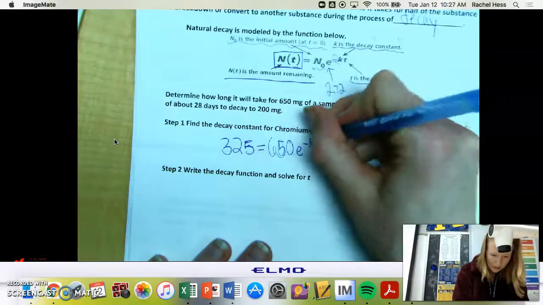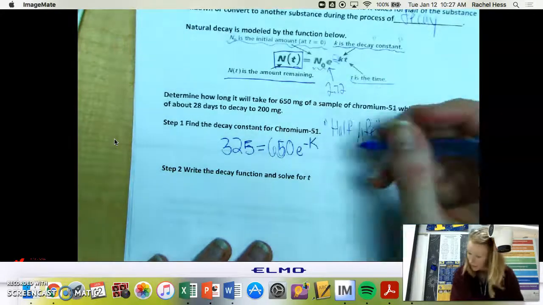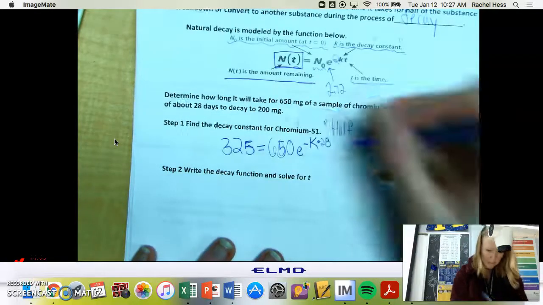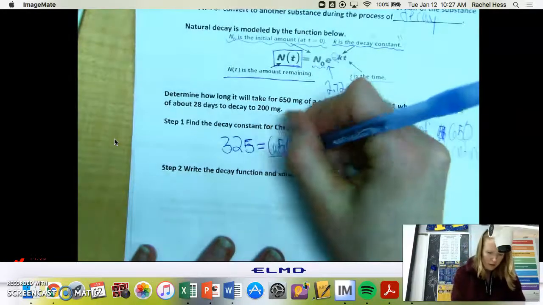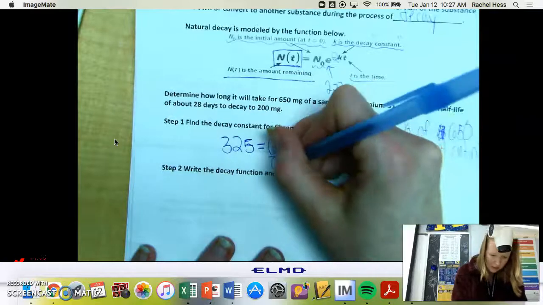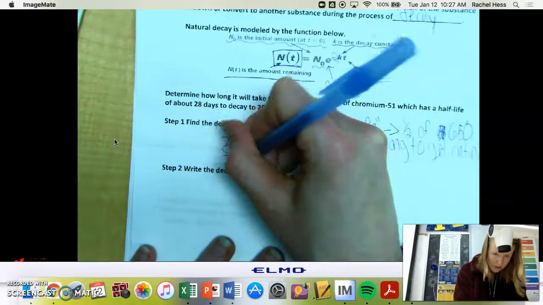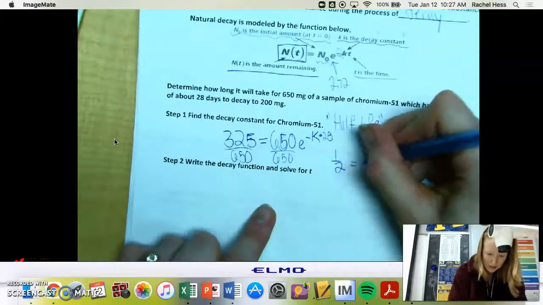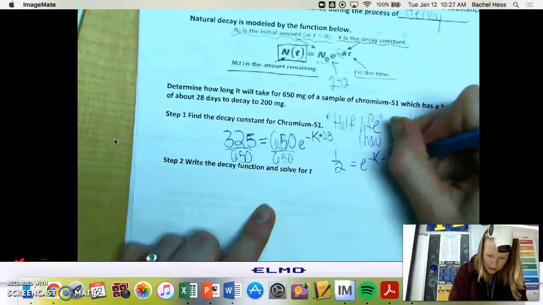And then I have to look for this constant. And remember, the time it took for half-life was 28 days, so I'm going to plug in that 28. Right? In order to solve for K, I need to move the 650 out of the way first. So I should get half, which makes sense, equals e to the negative k times 28.